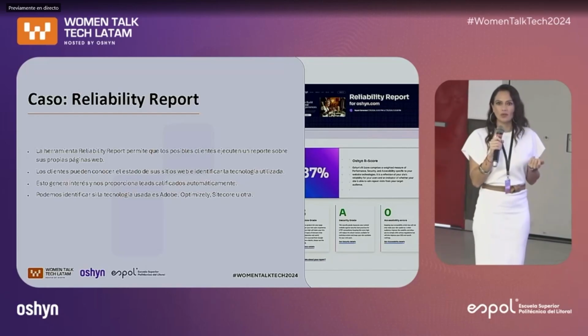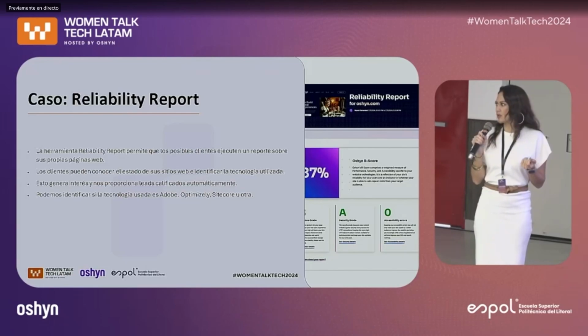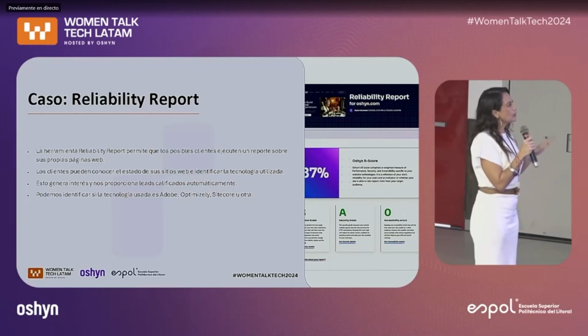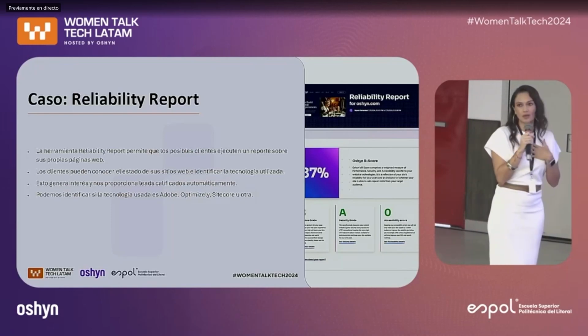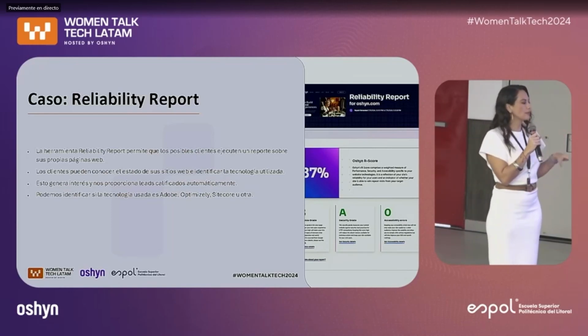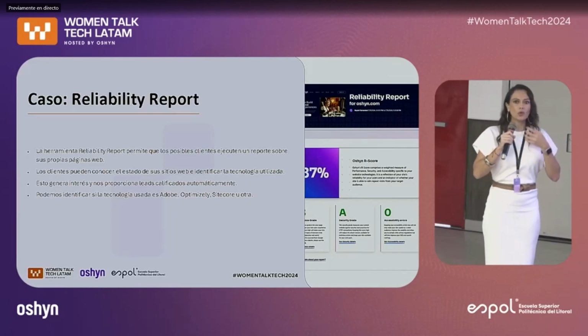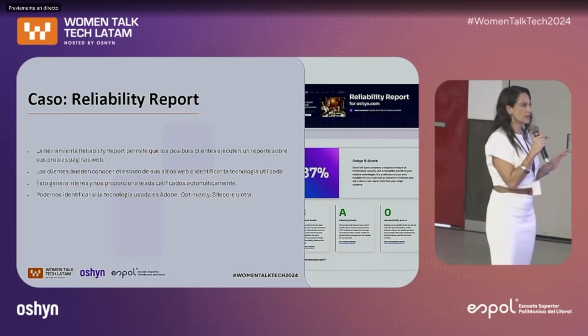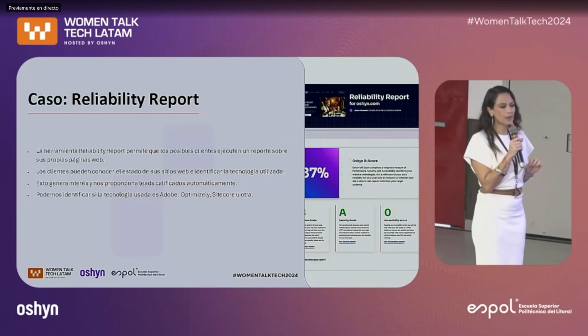This is important for the brands, because this shows you the current status of the website, technology, security, and all of these aspects are also taken into account. For us as Oshyn, it also allows us to detect which technology they are using, and this can be Sitecore and any one of these technologies that we have mentioned before, and we identify which one they're working with from the sales department.